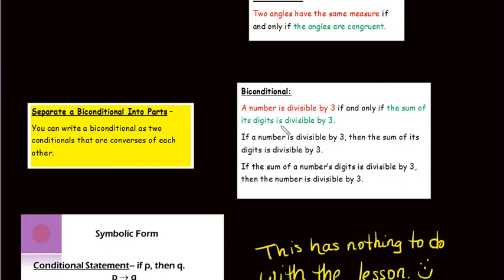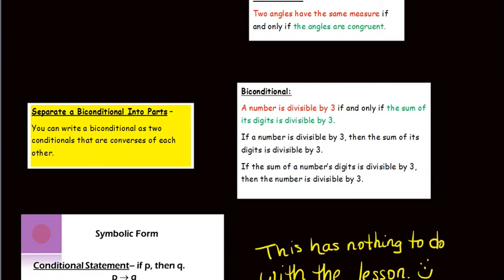So I can separate that into: if a number is divisible by 3, then the sum of its digits is divisible by 3. And then the other way around: if the sum of a number's digits is divisible by 3, then the number is divisible by 3.